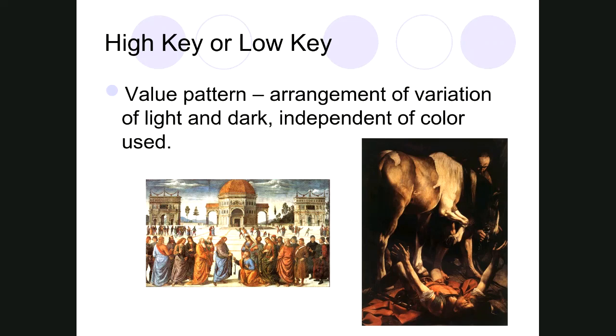This is the moment in the biblical story where he was cast off his horse, saw the light, and became one of the apostles. Notice the horse's leg almost looks like a lightning bolt leading down to him, and it adds even more energy to the piece. So here we have high key and then low key.